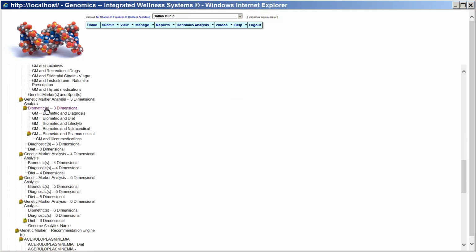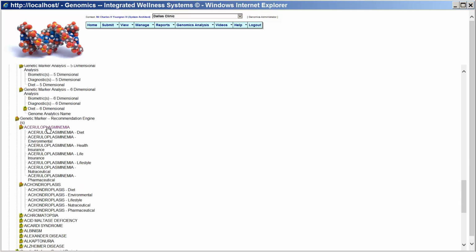We can also delve into information regarding 3, 4, 5, 6 dimensions of analysis. We can also look at genetic marker recommendation engines. In this particular case, how the diet affects a particular genetic marker, how health, the information for lifestyle, environment.